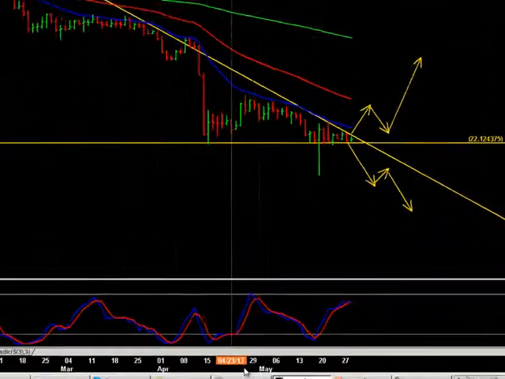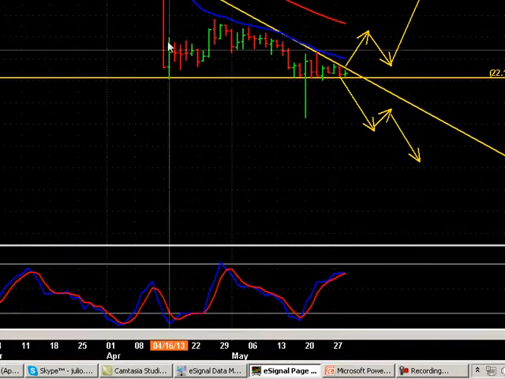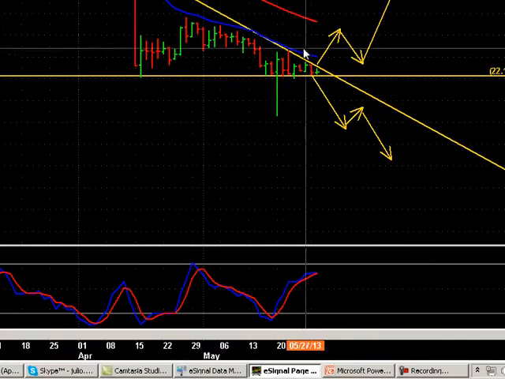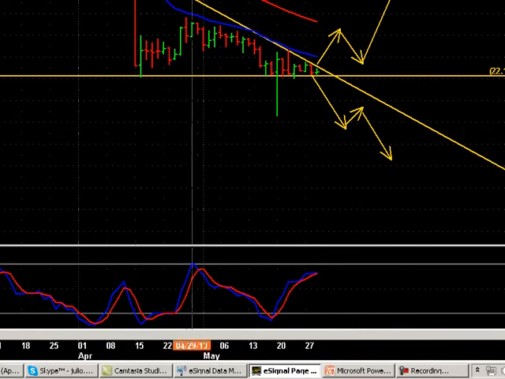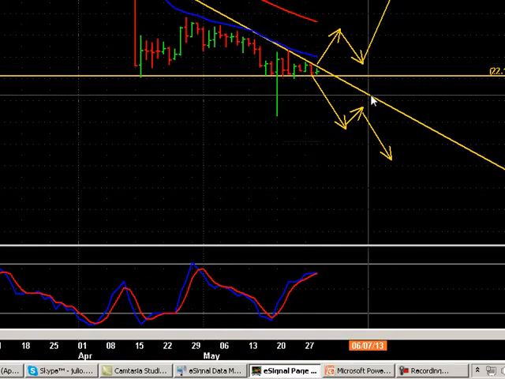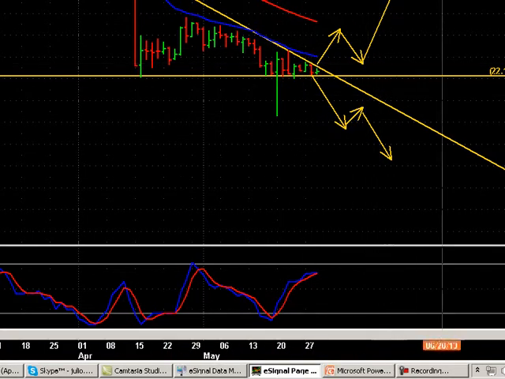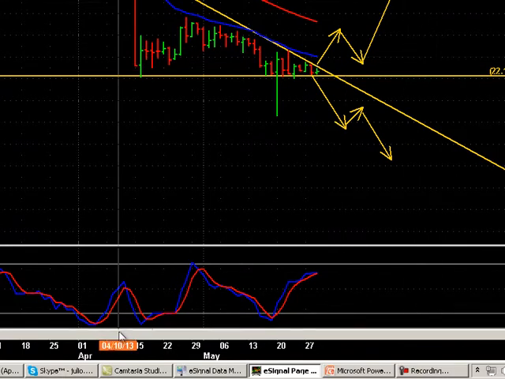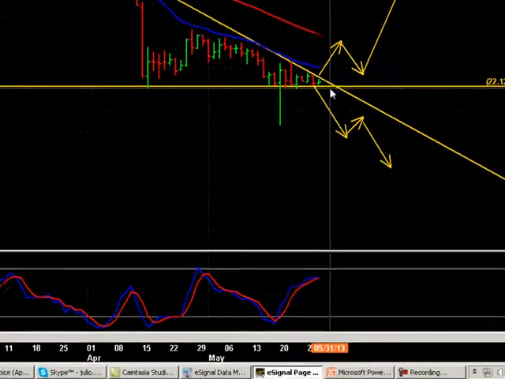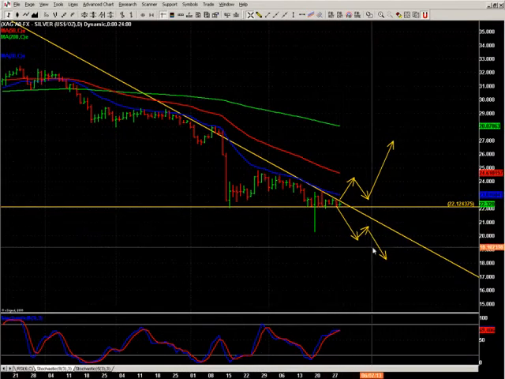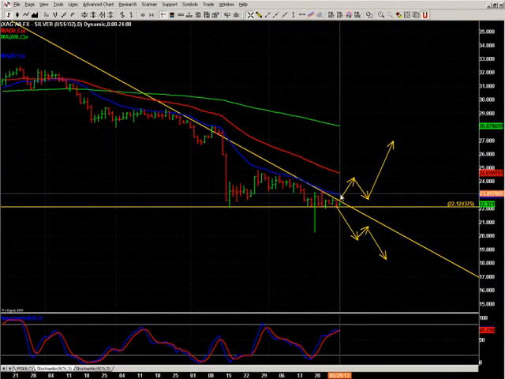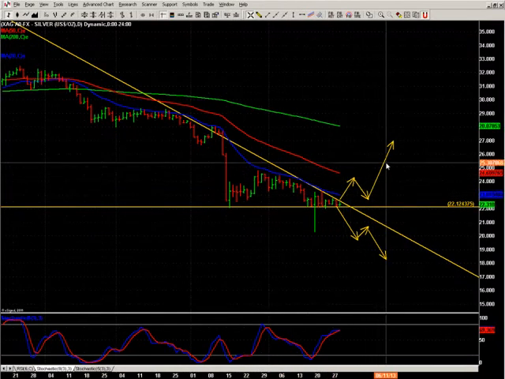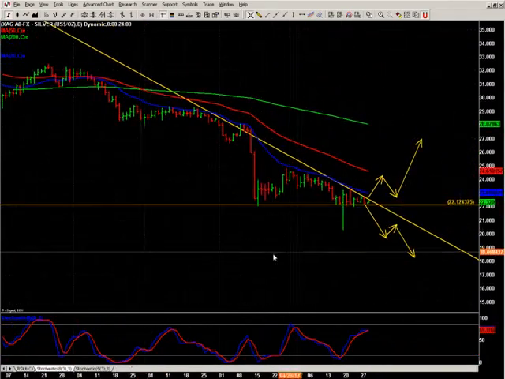As it is now, and it's a descending triangle, it looks like it's gonna break through the downside. And descending triangles break through the downside, ascending triangles break through the upside, and symmetrical triangles can break either way. As it takes these lows out, you can see a big sell-off ahead. If it breaks through the 20 moving average, it can have a big rally. Okay, so we're gonna keep an eye on that one.